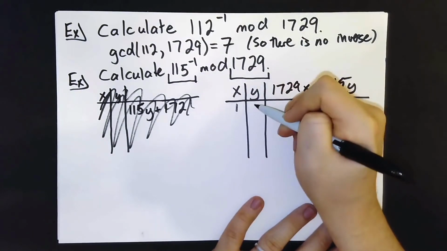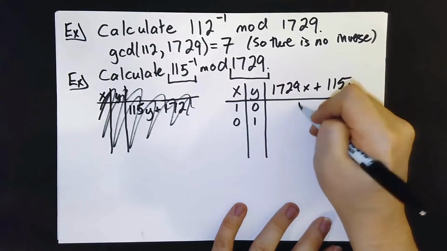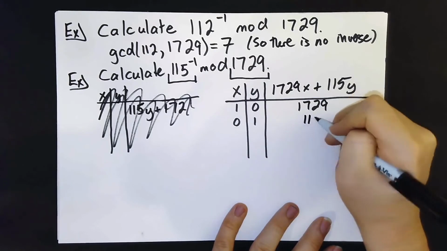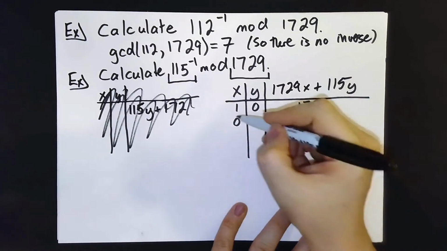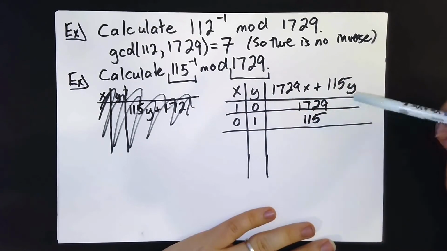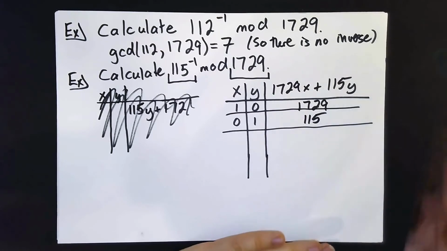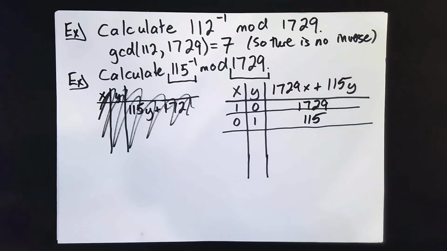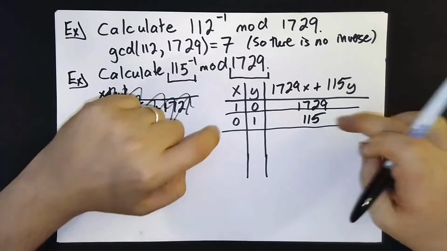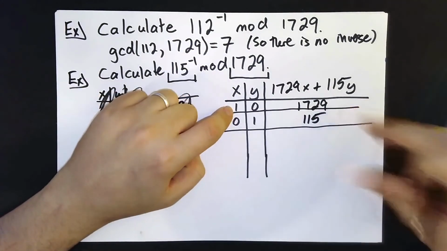So when we start the extended Euclidean algorithm, remember we write down our table, and so we'll start with our two favorite rows. 1, 0 will give me 1729. 0, 1 will give me 115. Now, it's not so hard to calculate that 115 goes into 1729 15 times. So, on the next line, I want to subtract 15 times 115 from 1729.